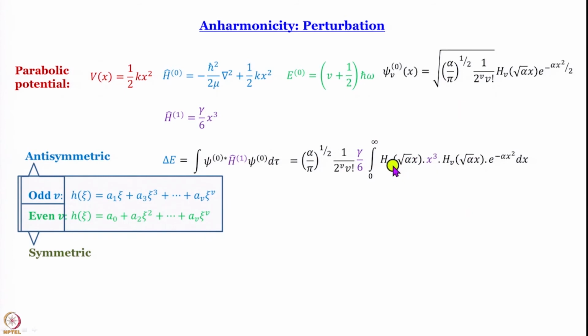So, you multiply an antisymmetric function by an antisymmetric function, what do you get? You get a symmetric function. You multiply a symmetric function by a symmetric function, of course you get a symmetric function. So, what we understand here is that no matter whether v is odd or even, no matter whether the Hermite polynomial is symmetric or antisymmetric, the product is definitely symmetric.